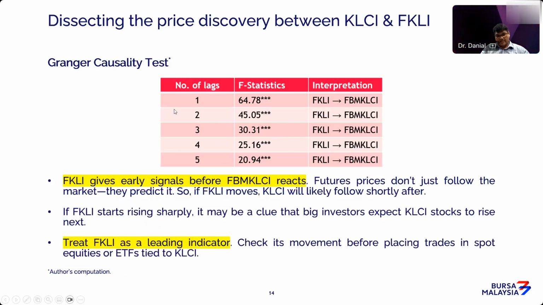With the Granger causality test, we are trying to see the influence of historical returns. Lags 1, 2, 3, 4, 5 mean we are trying to see what the return of KLCI futures today will be with KLCI yesterday, with KLCI 2 days ago, and again with KLCI 3 days ago, and so forth.